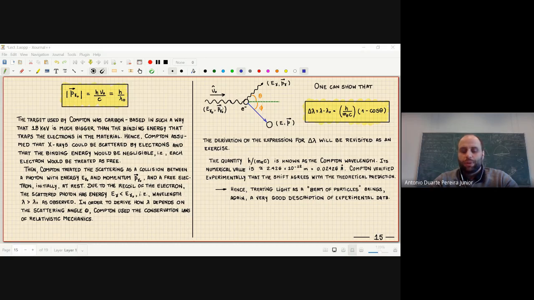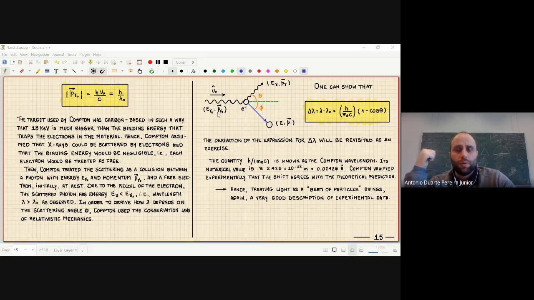And now comes the conclusion. I didn't want to derive the expression here because it requires a knowledge that I don't know if you already had from the relativity course, which is the conservation of energy and momentum in special relativity.